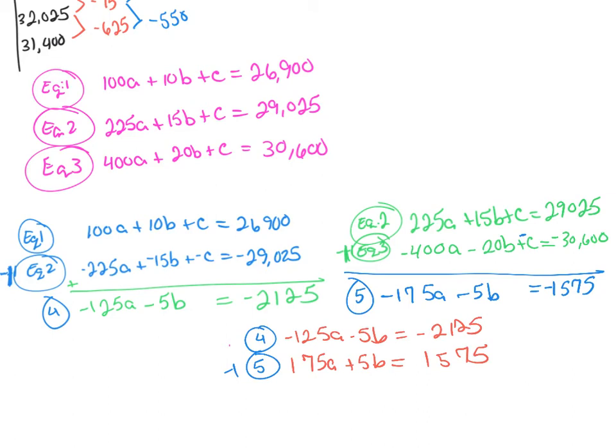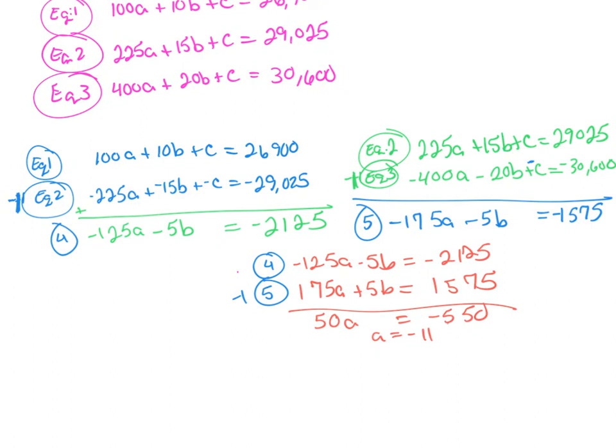We simplify, add those two together, we get 50a, no b's, and negative 2,125 plus 1,575 gives us negative 550. Divide that by 50, we get negative 11. So there's one of our answers.